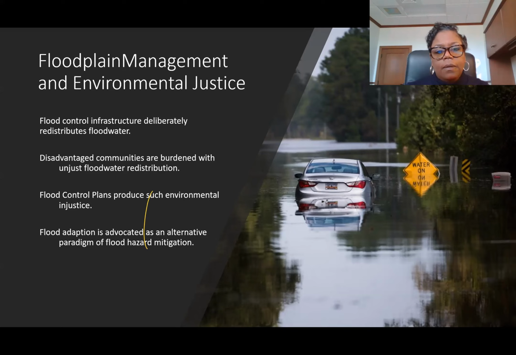And flood adaptation is advocated as an alternative for flood hazard mitigation. So as you think about floodplain management and its impact on environmental justice, think about flood adaptation, not just water redistribution.